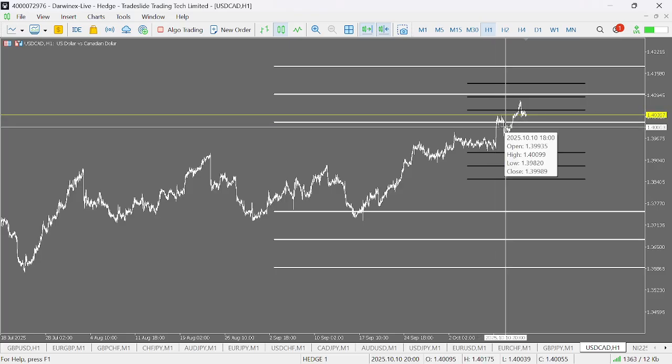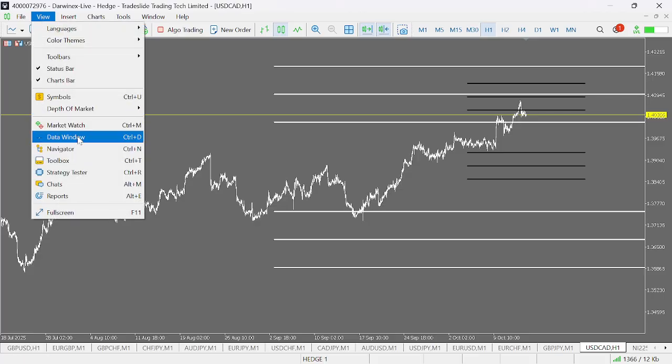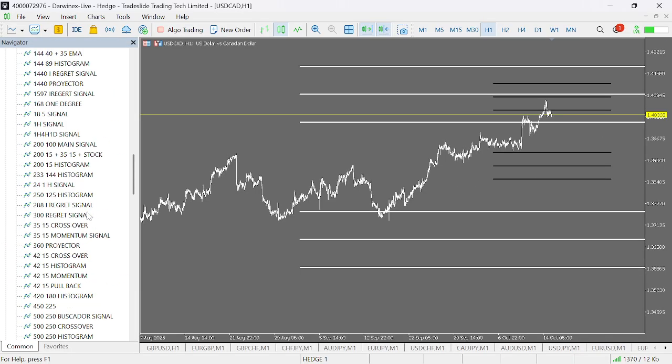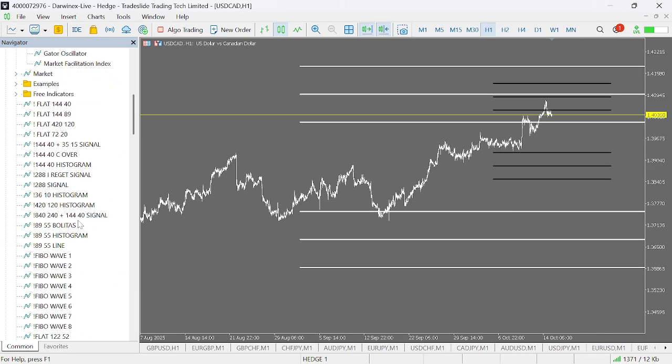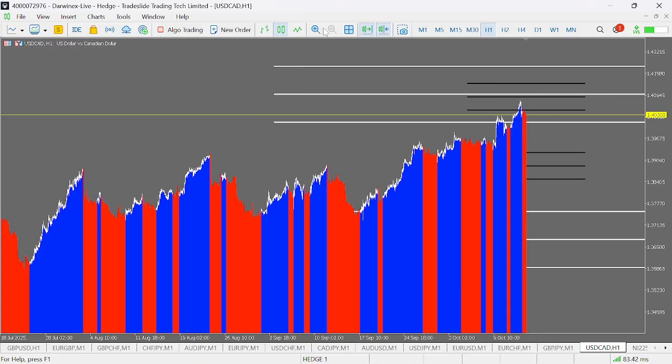Enter here. Let me use my oscillator. Please don't ask me once again for this oscillator. You can use any oscillator. There are thousands of oscillators out there. This is a proprietary oscillator. You see, we have a signal here. Now watch this.